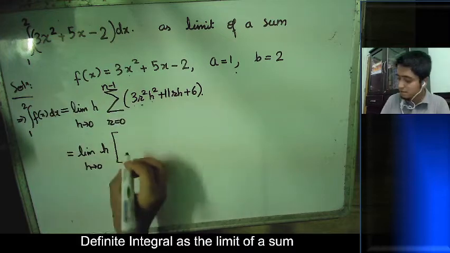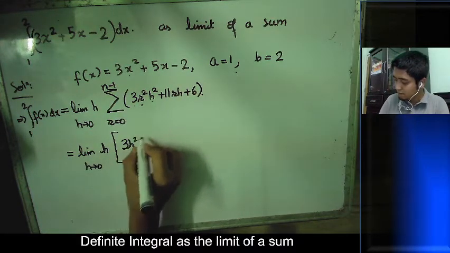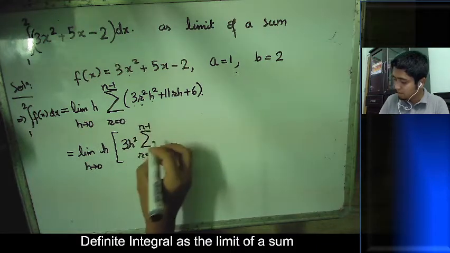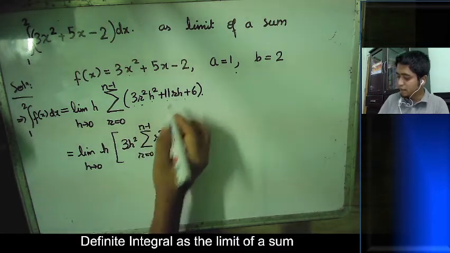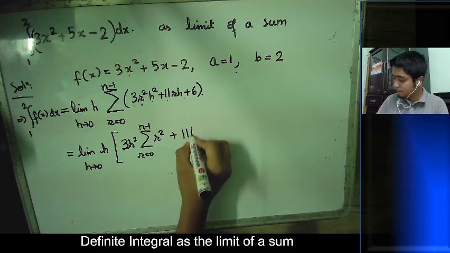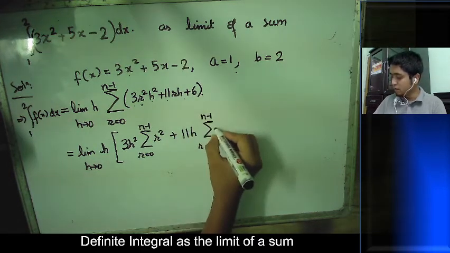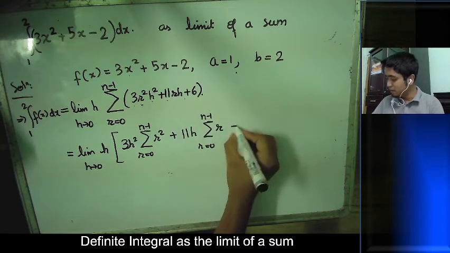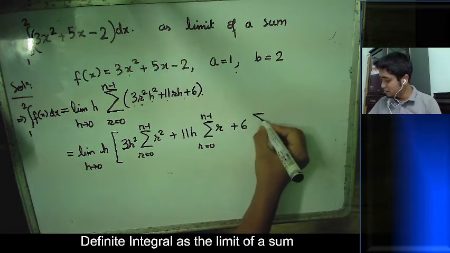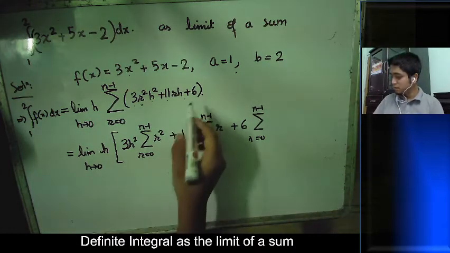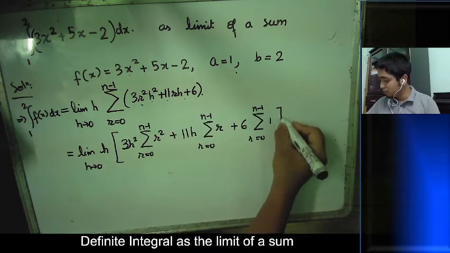So 3h squared summation r equal to 0 to n minus 1 of r squared. Similarly, over here 11h summation r equals 0 to n minus 1 of r. And similarly, over here you can take 6 summation r equal to 0 up to n minus 1 of 1.